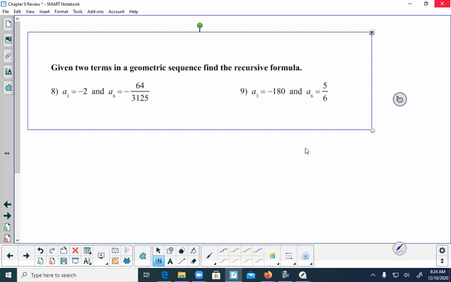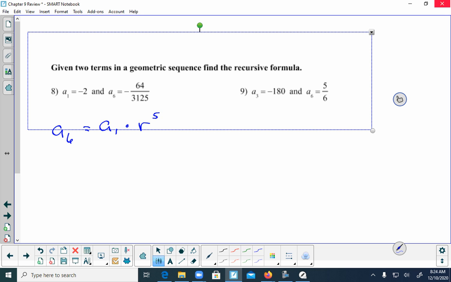It says, given two geometric sequences, find the recursive formula. So to find the recursive formula, I am going to first have to find out what my rate is because I don't know what my rate is. So I said a to the sixth, and I'm saying the sixth term because I'm given the sixth term, is going to equal the first term times my common ratio to the n minus 1, or fifth power.